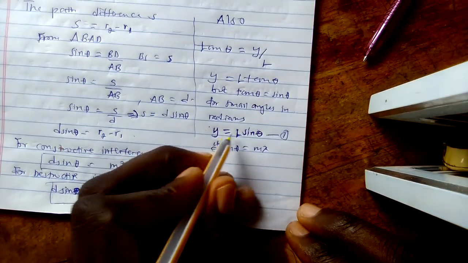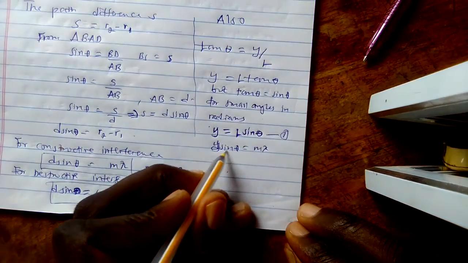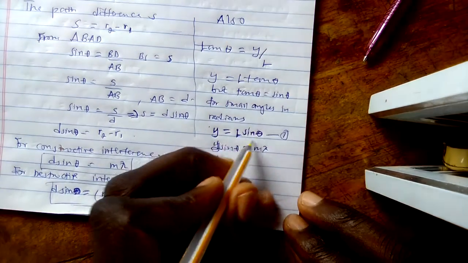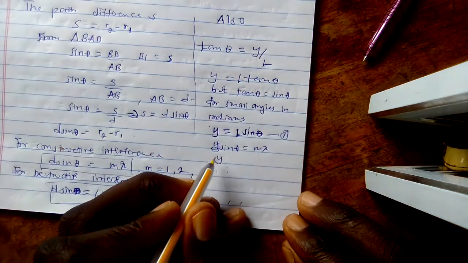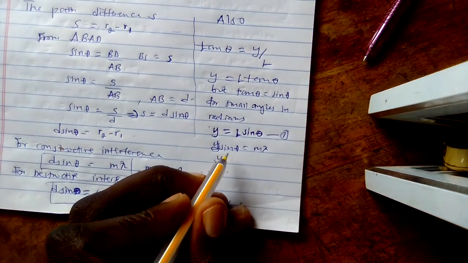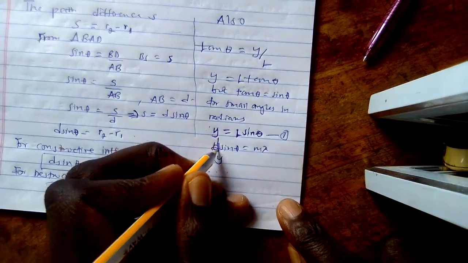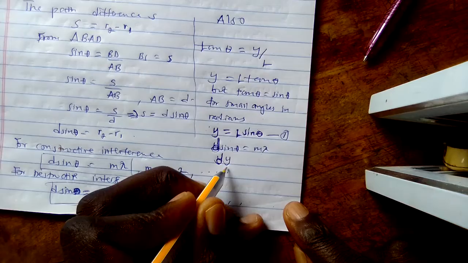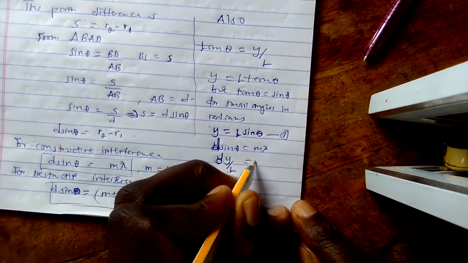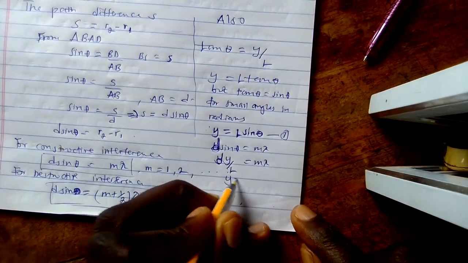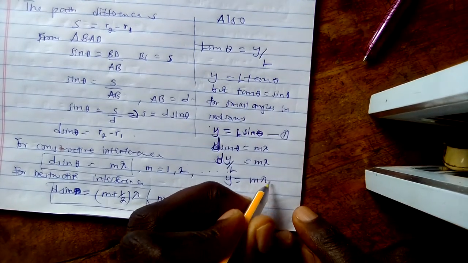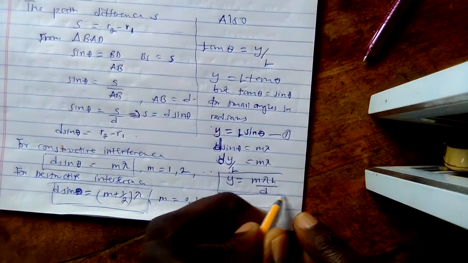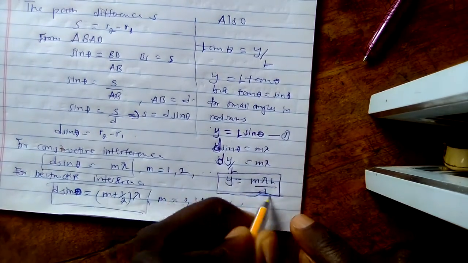I substitute sine theta, which is actually y over L, so I shall have d times y over L is equal to m lambda, implying that y is equal to m lambda L over d. This is another important expression in case we aren't given the angle.